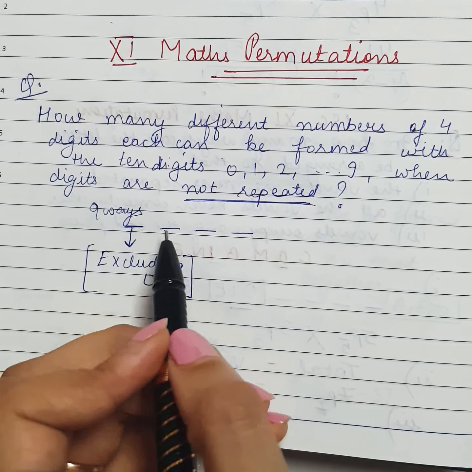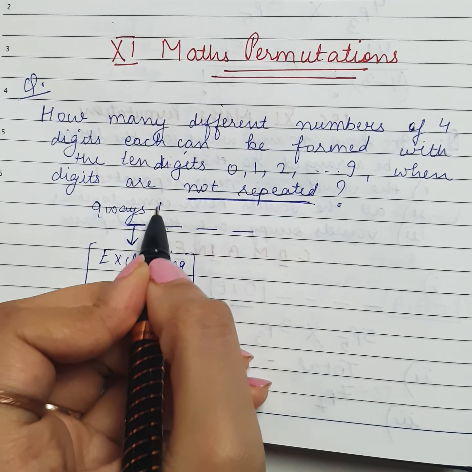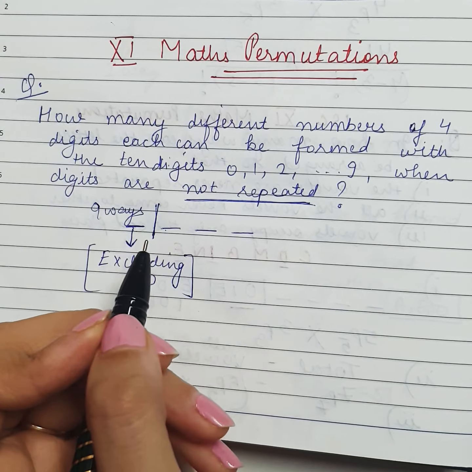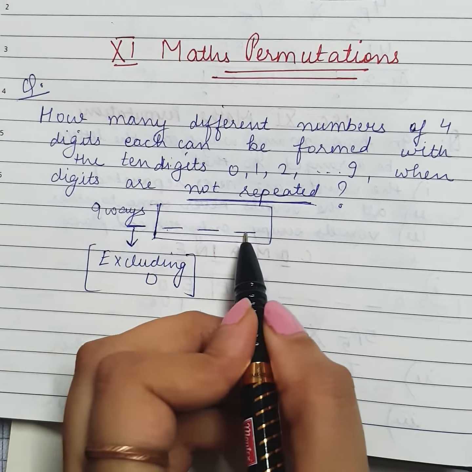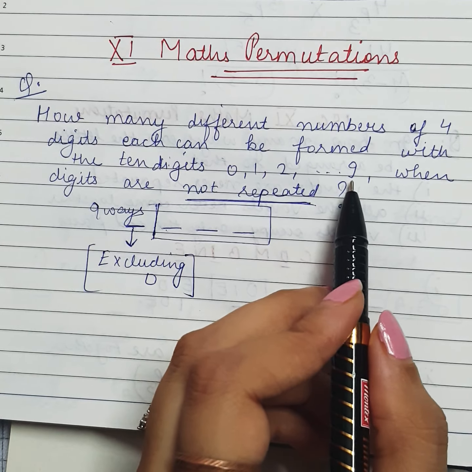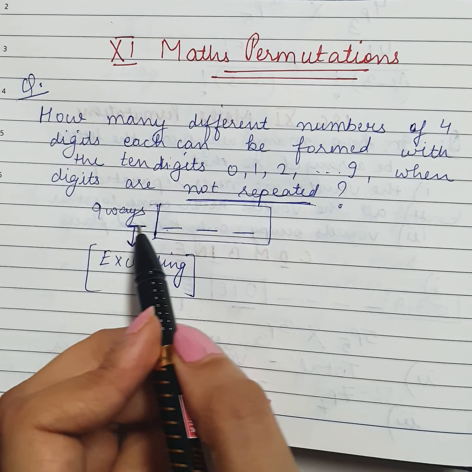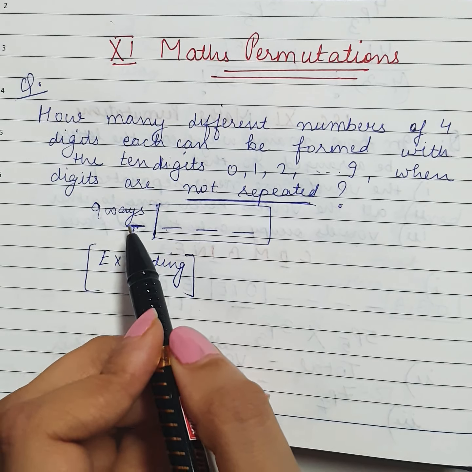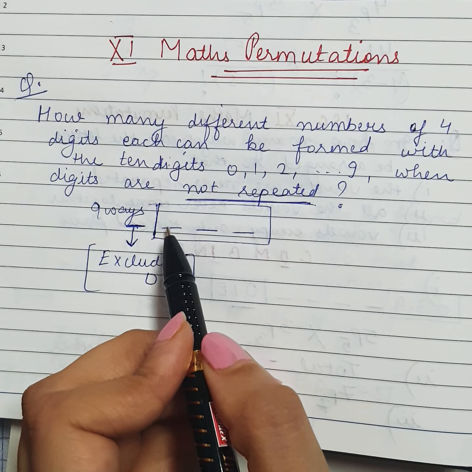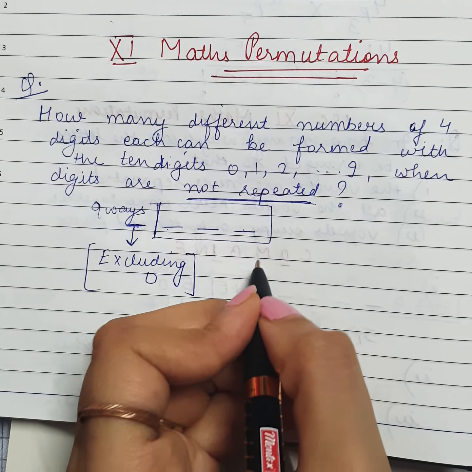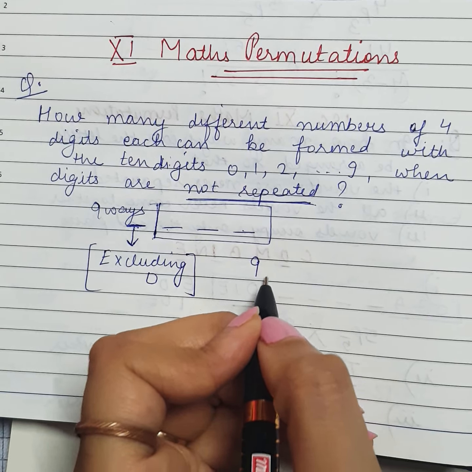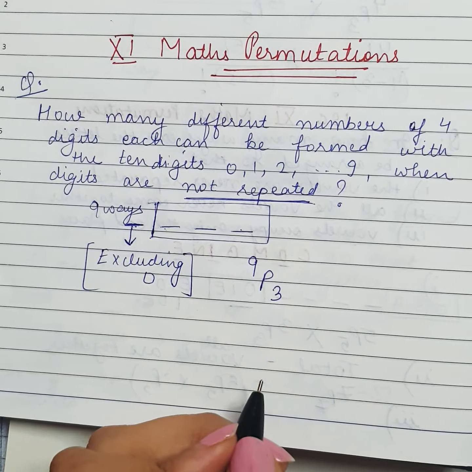Now in this place, we have 3 remaining places and 9 digits are left, because the one that has already come here, we will not repeat. Besides it, we are left with 9 more digits. So out of 9 digits we have 3 places to fill.